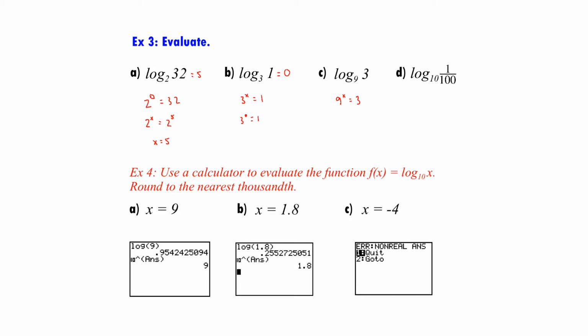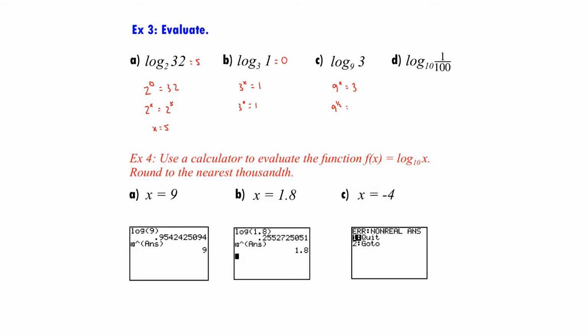Now 9 to the first would be 9, and 9 to the 0 would be 1, so it's somewhere in between 0 and 1. If you remember, when you raise things to rational exponents, they're your radicals, your square roots, cube roots. So 9 to the 1/2 would be 3, because the square root of 9 is 3. So this is equal to 1/2.